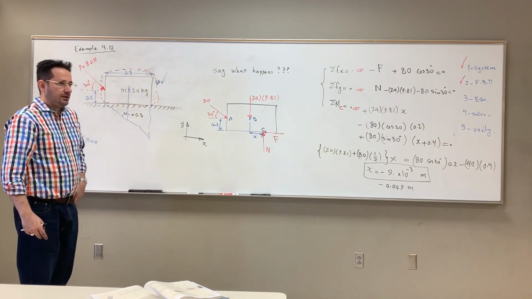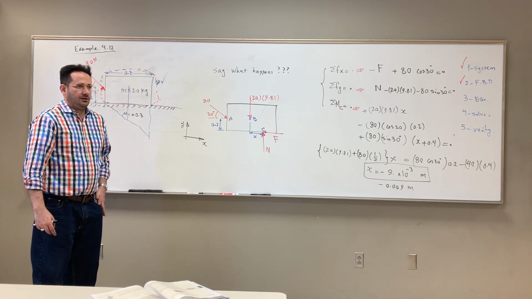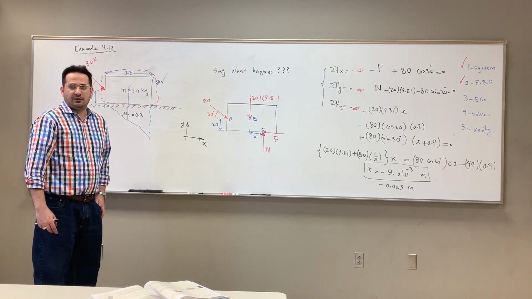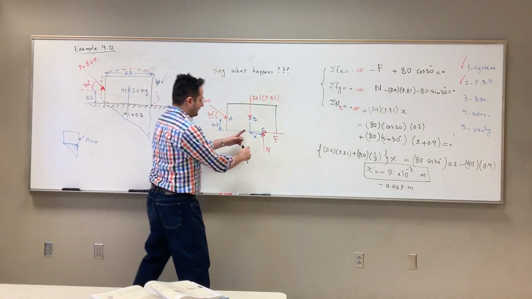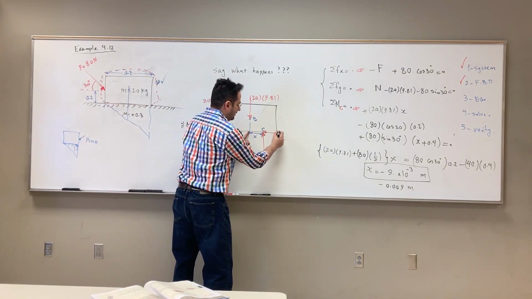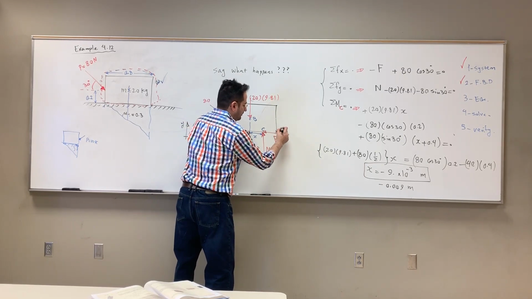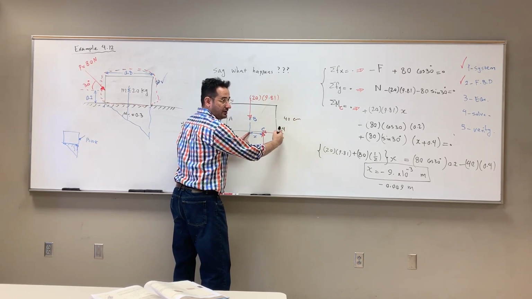Well, what do you get from this statement? That it is in the range. You see, if this is the reference for x, what is this end? This is plus 0.4 or 40 centimeter, right?